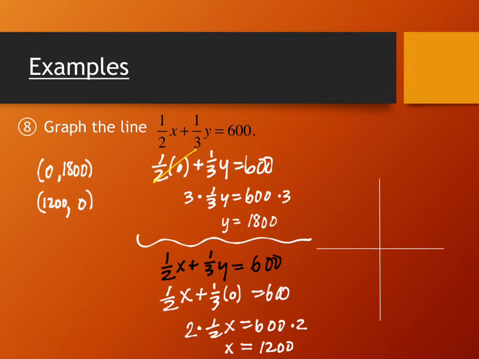Now, when you're working inside of MyMathLab, they'll give you a grid that makes sense to work with this and so forth. Obviously, I'm not going to hash mark out 1800 or 1200 units. That's unrealistic. But I can mark them out so that they're fairly evenly distributed. So like this is 600, 1200, 1800. And then what's the other one? It's on the positive as well. So 600, 1200, 1800. So on the y-axis, I'm supposed to be at 0, 1800.